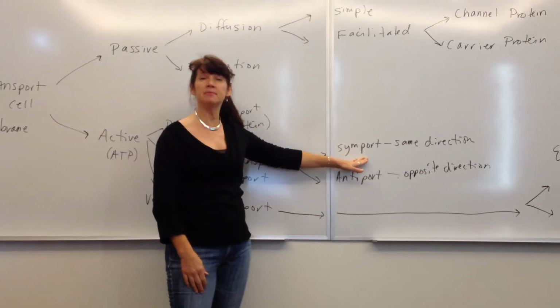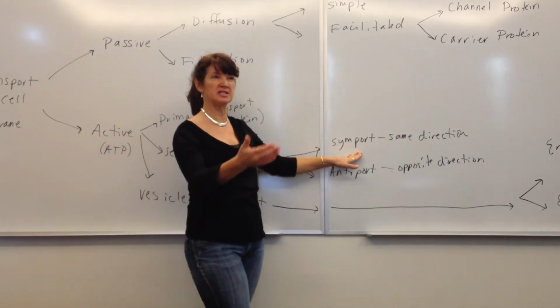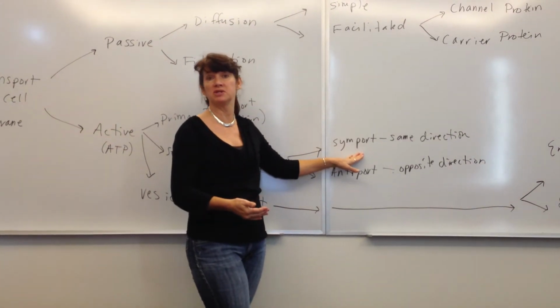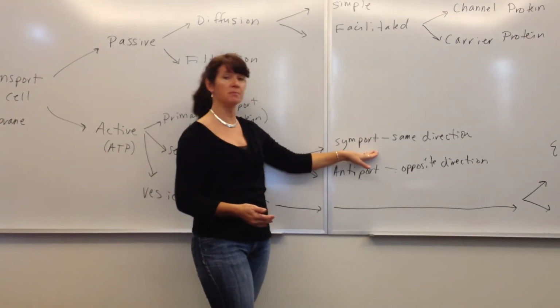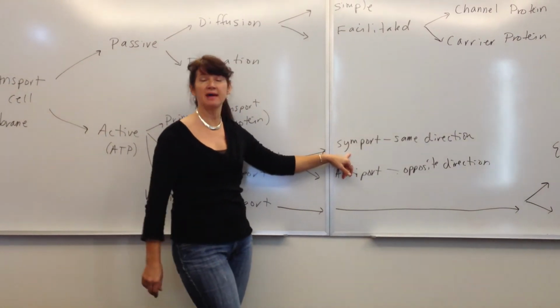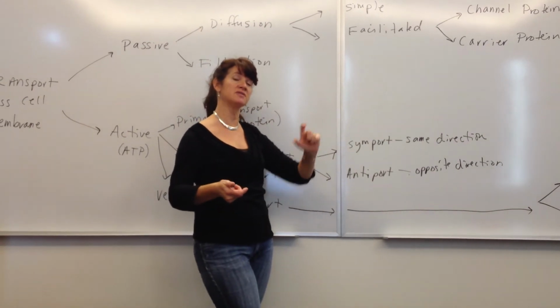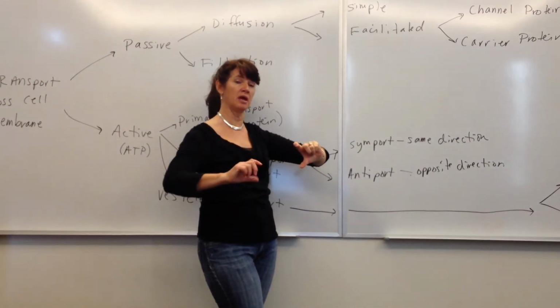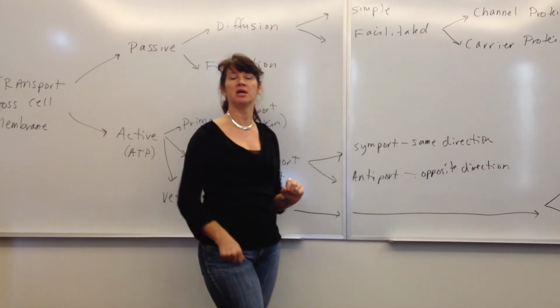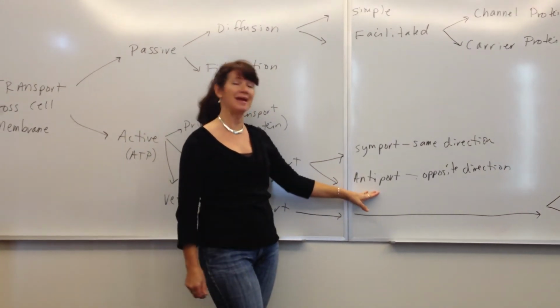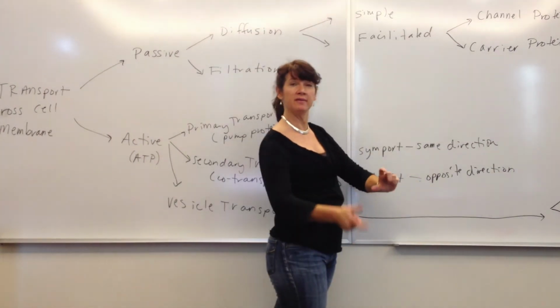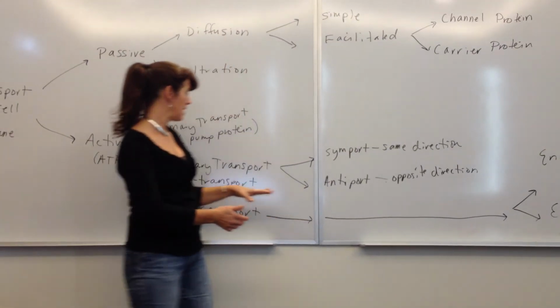If they go in the same direction, for instance, if they're going with the sodium into the cell, we call that symport. Sym in Latin means the same. If they go in opposite directions, for instance, as sodium's going in, an amino acid maybe can go out, we call that antiport, where they're going in the opposite direction.